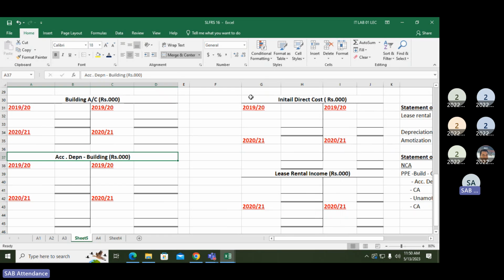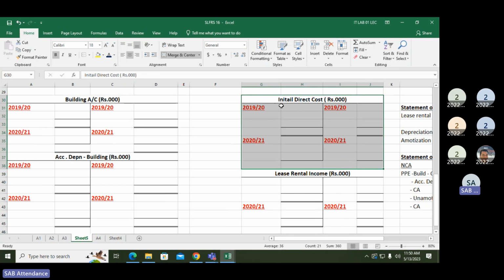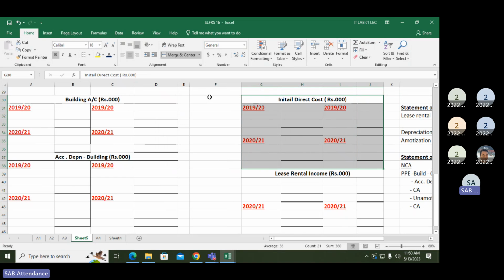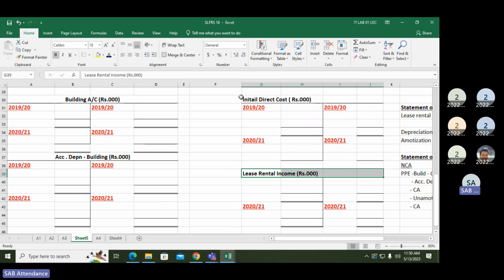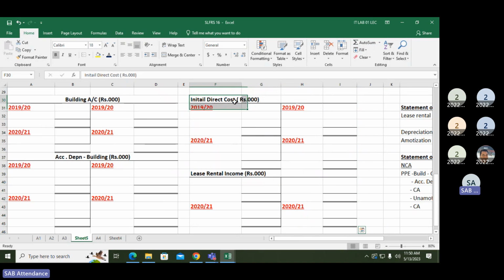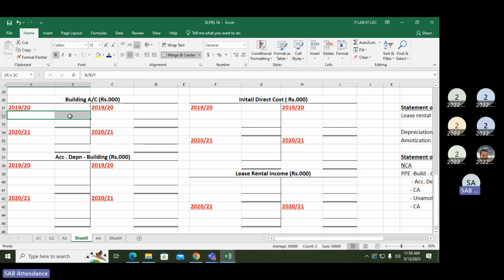Then we'll have the lease rental account and initial direct cost account. So building account, the original cost of the building is given, right? 50 million. So I'm taking in 1,000, 50,000.